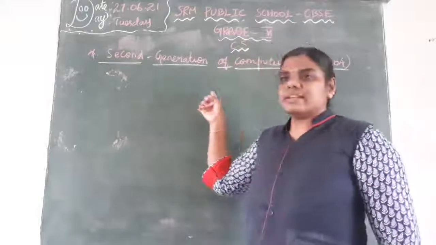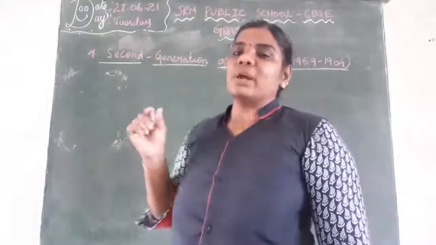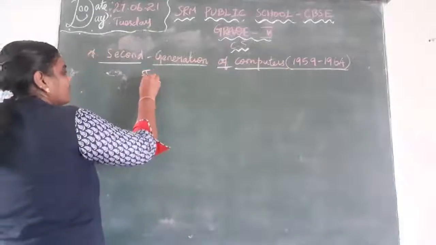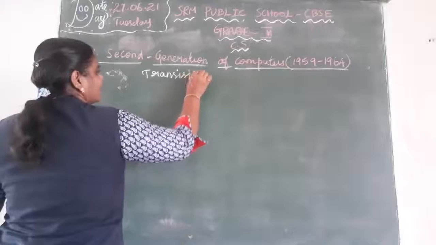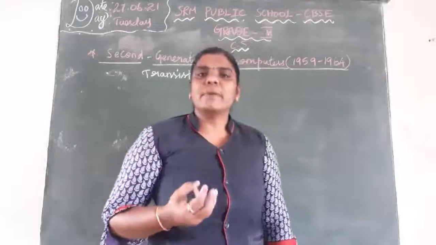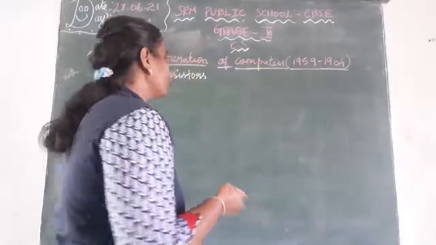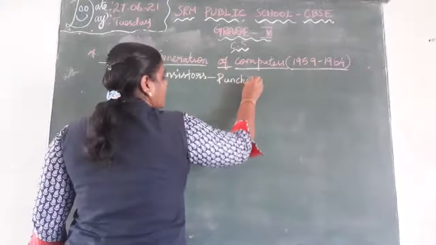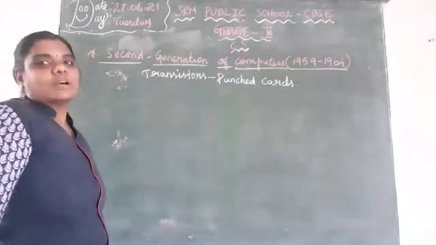In second generation computers, what device did people use? What is the name of the device? Transistors, right? Transistors. Okay. In transistors also, people gave the input by using punched cards, right? Punched cards. Okay.